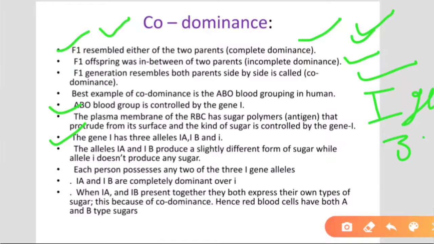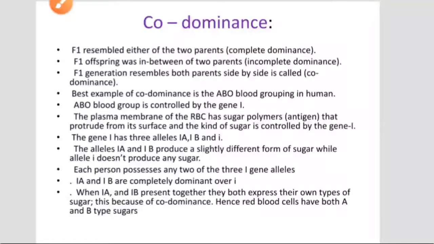The I gene has three alleles, that is capital IA, capital IB, and small i, or you can say capital I0.